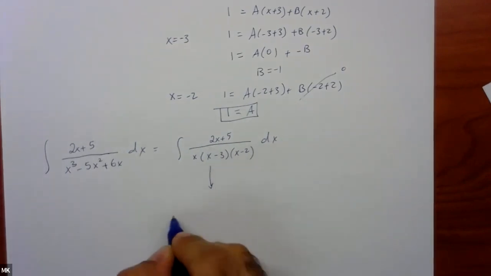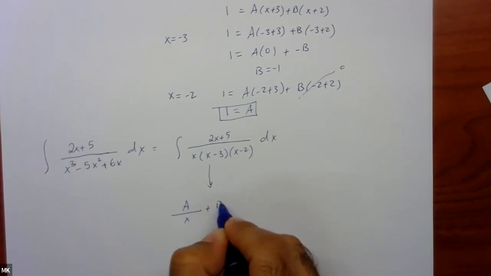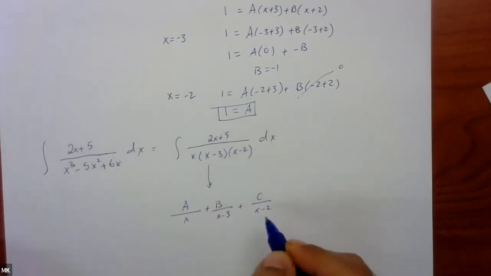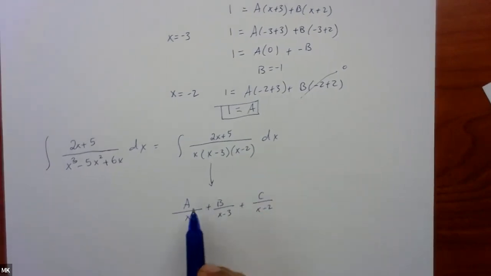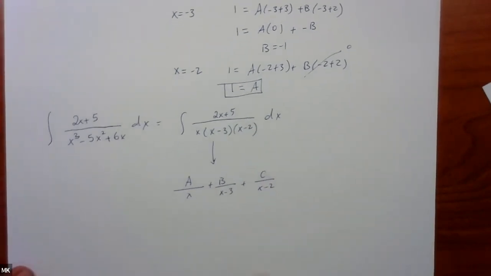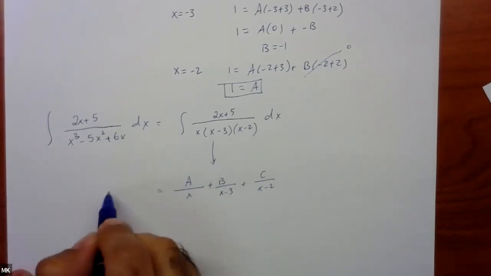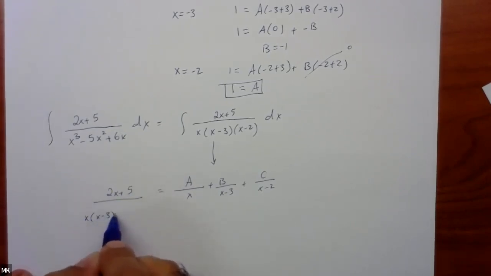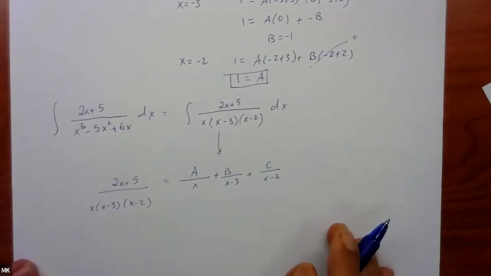I'm going to say this is going to be A over x, B over x minus 3, C over x minus 2. And I'll tell you why I choose A, B, and C in the next example. So this is going to be equal to (2x + 5) over x(x minus 3)(x minus 2).